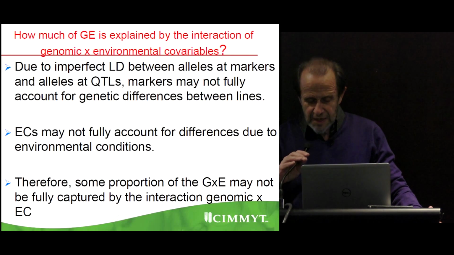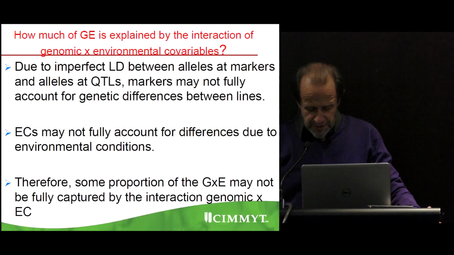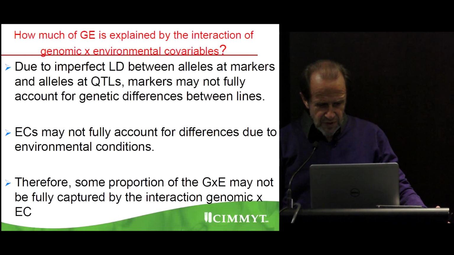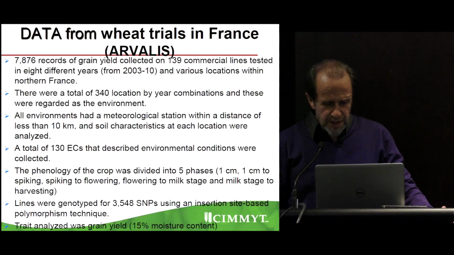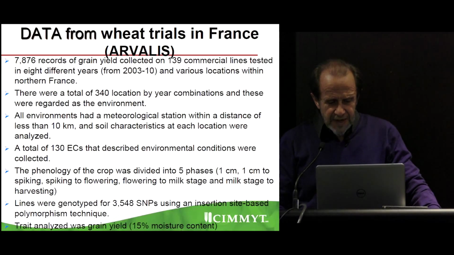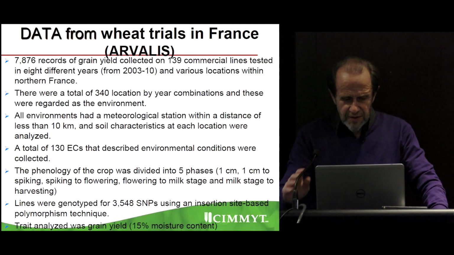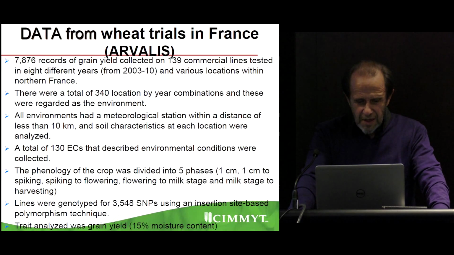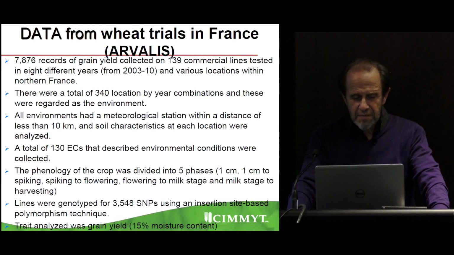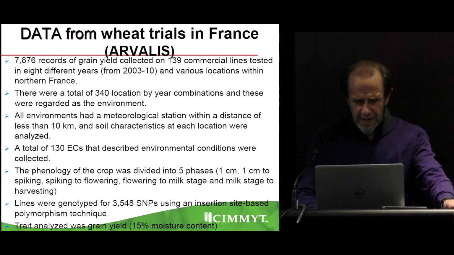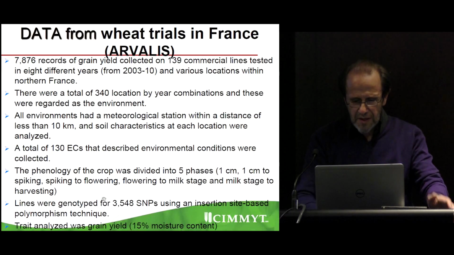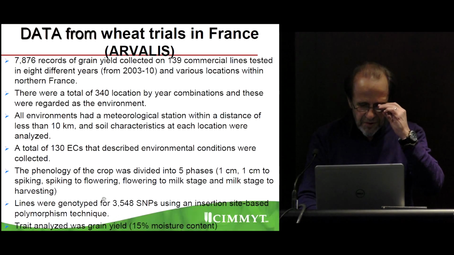That's clear, at least for some of the data that we have. For this experiment that we did with data from Arvalis, because Arvalis was interested in developing these models, we did find some good response. In this particular data, we have 340 location by year combinations.